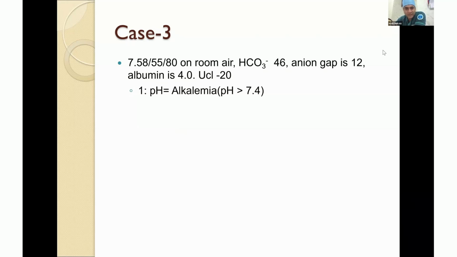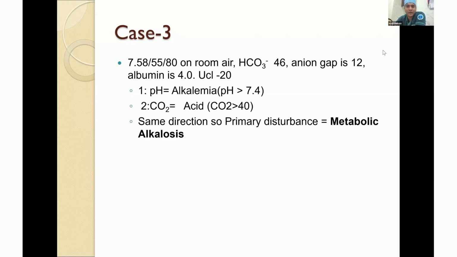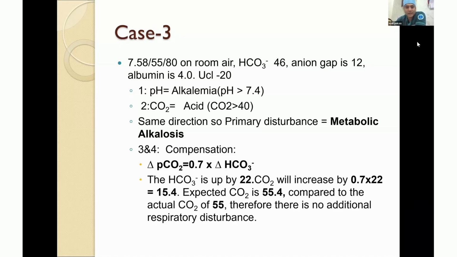So again pH more than 7.4. They are moving in the same direction. PCO2 is increased, above 40, and pH is also increased. So the primary disorder is metabolic alkalosis. So this is the case of metabolic alkalosis.